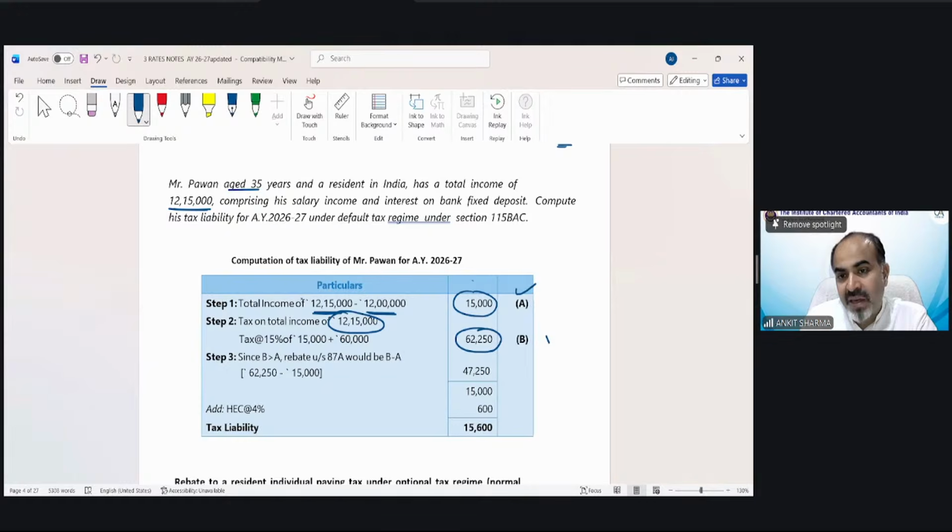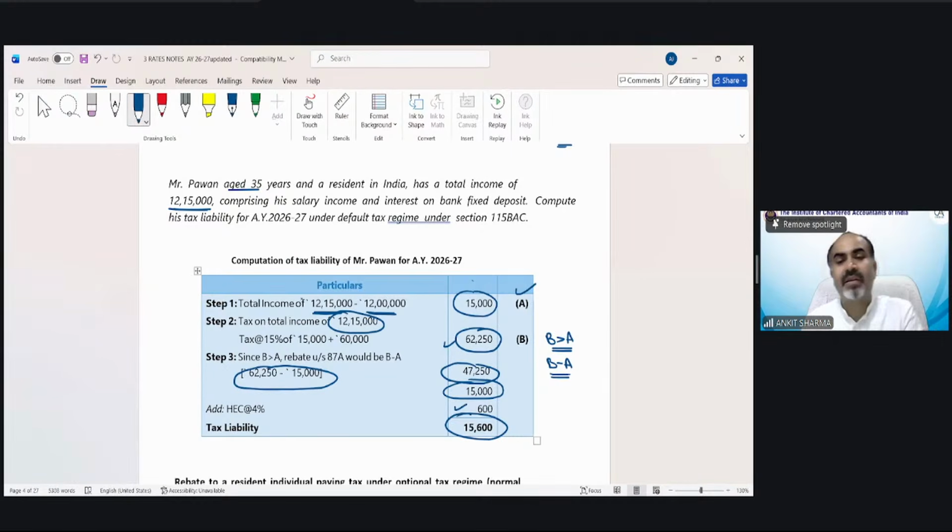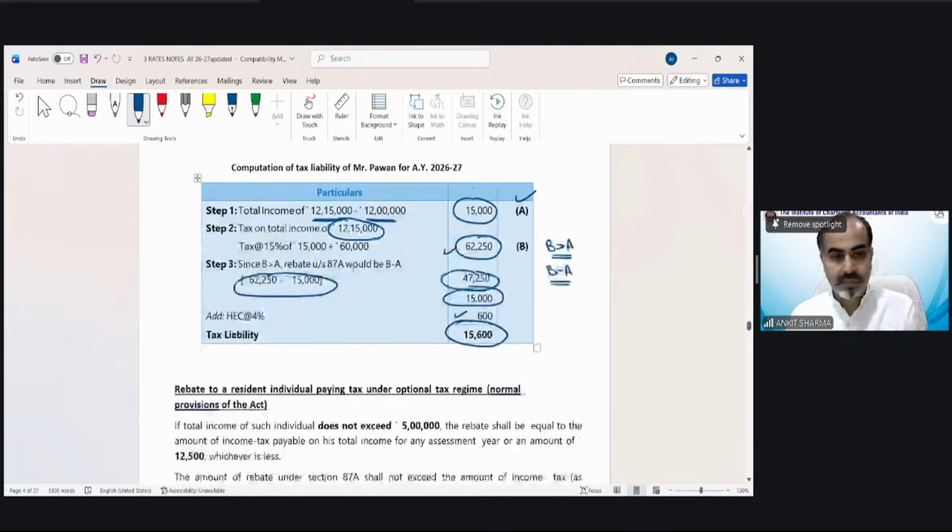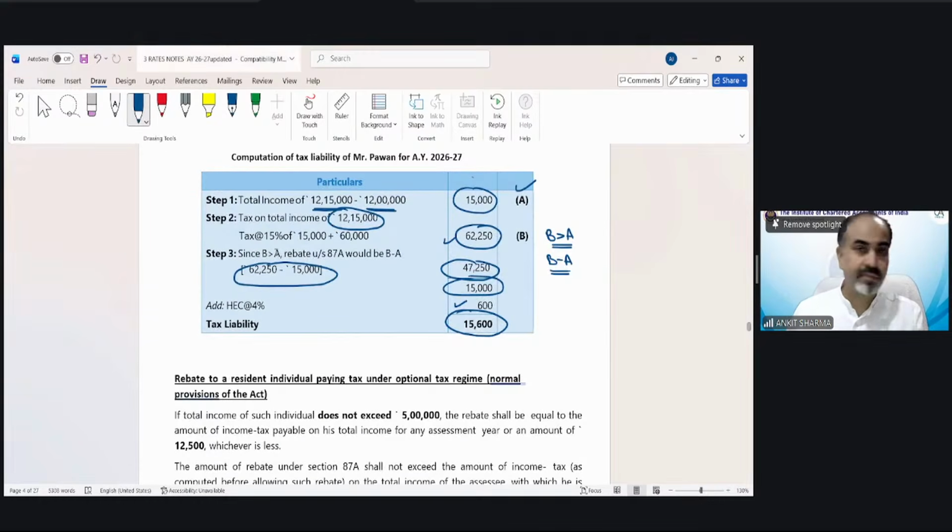You can see B is more than A. If B is more than A, then the rebate is B minus A. So the rebate is B minus A, 47,250. That is reduced from the tax, and the balance would be your tax, 15,000 plus cess, that is your tax liability, 15,600 rupees. I hope it's clear.